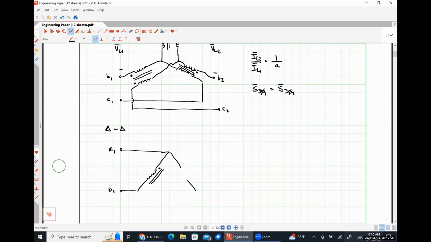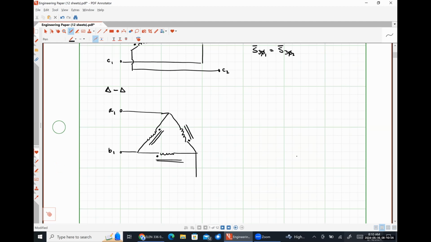Drawing the B phase backwards. My apologies. So there's my primary side.